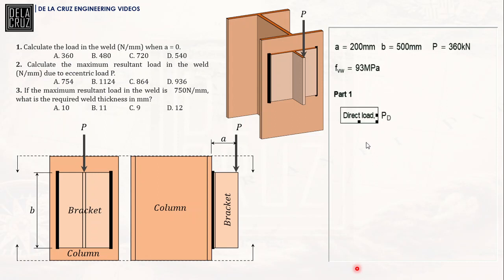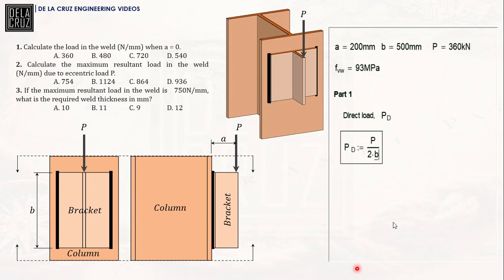So our direct load PD is equivalent to the load P divided by the total length of the weld. What would be the total length of the weld here? Take note that this one is B, so another B here. That means the total length of the weld is twice B. It is evenly distributed because A is 0, so there is no eccentricity.